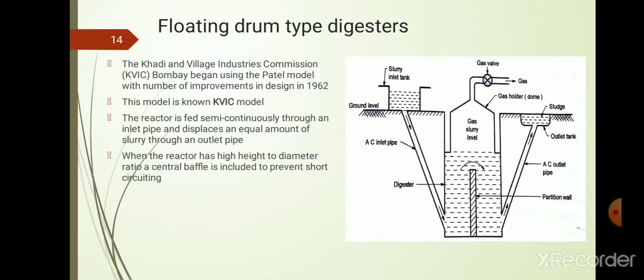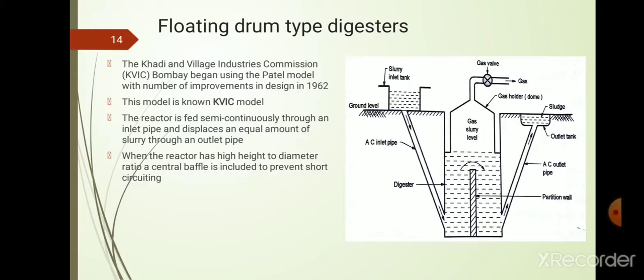The reactor has a high height to diameter ratio. Compared to the Jashubai Patel floating type model, you can see its height is very high, and at the center they have a baffle.